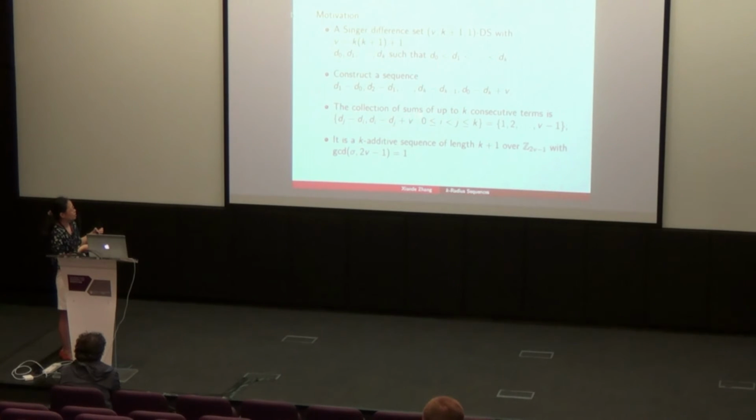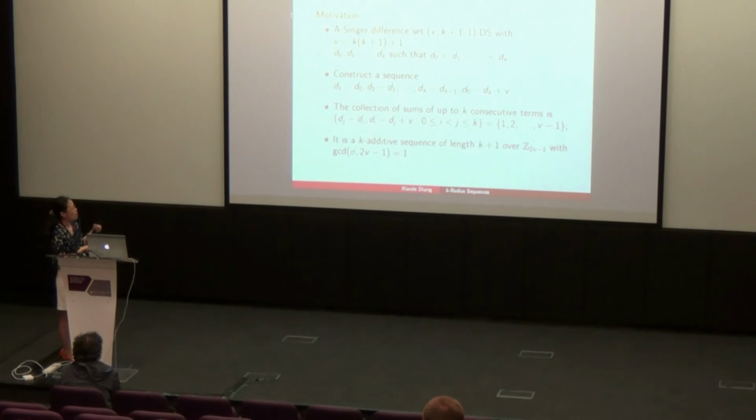So you can check the sums of up to k consecutive terms, because this is a difference set. So this collection is just 1 to v minus 1. If you take the positive and negative, then it's all the non-zero elements of Z_{2v-1}. So it's a k-additive sequence, and luckily the GCD here is just 1, so you can form only one cycle.